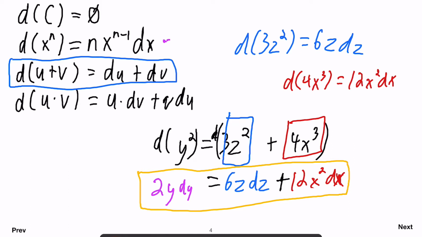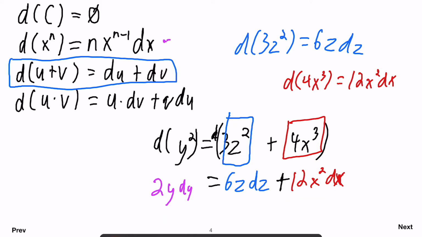Now what we need to do is, we really want a derivative, because these are nice, but they're all infinitesimals. A derivative is simply a ratio of infinitesimals. So you have to decide what variables you want a derivative of. Let's say we want to do our standard dy over dx. Well, you divide both sides by 2y to get your dy by itself.